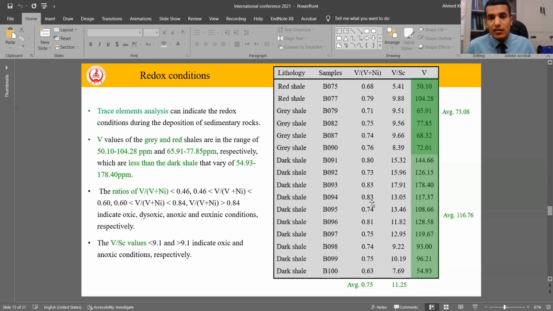We can also say that the dark shales have been more enriched under the anoxic conditions than the red and the gray shales.